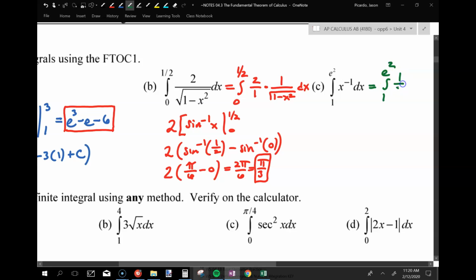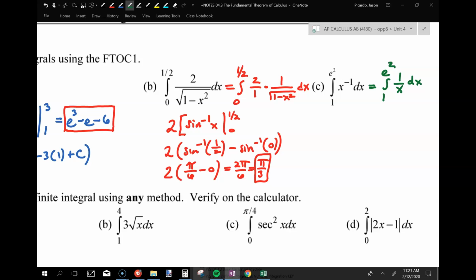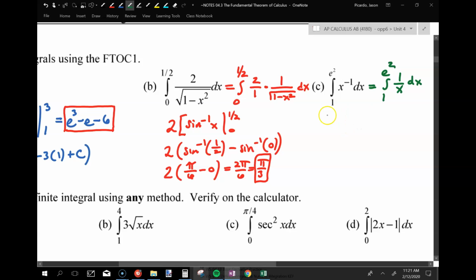Because I can rewrite this as 1 over x. And 1 over x was one of our special cases. Antiderivative of 1 over x is natural log absolute value of x. That's right. And we're going to evaluate this from here to here.